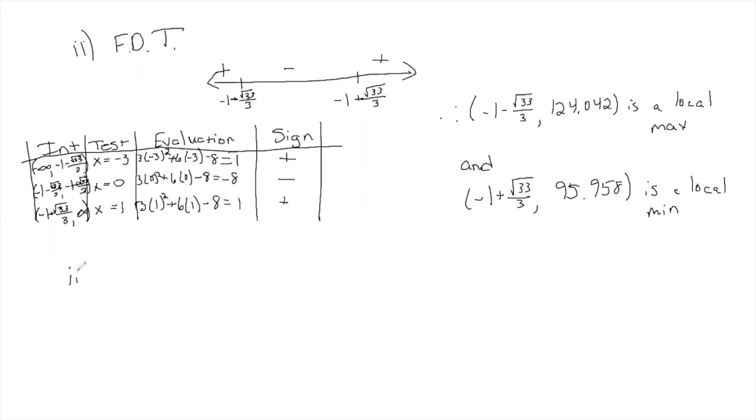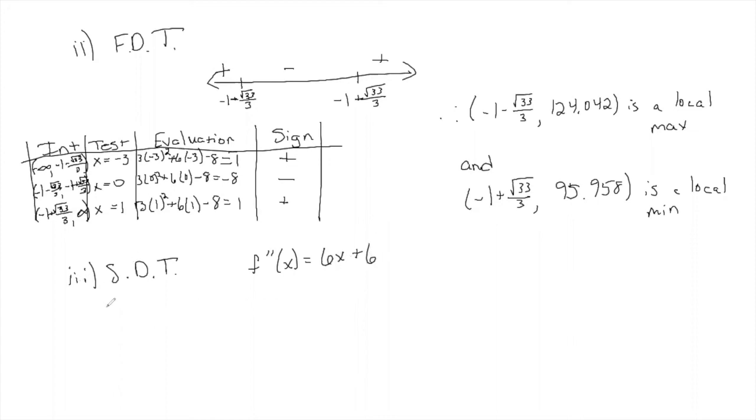Now let's do it by the second derivative test. All right, so of course for the second derivative test, I need a second derivative. So I'll just compute this really quick. It is 6x plus 6. Great.